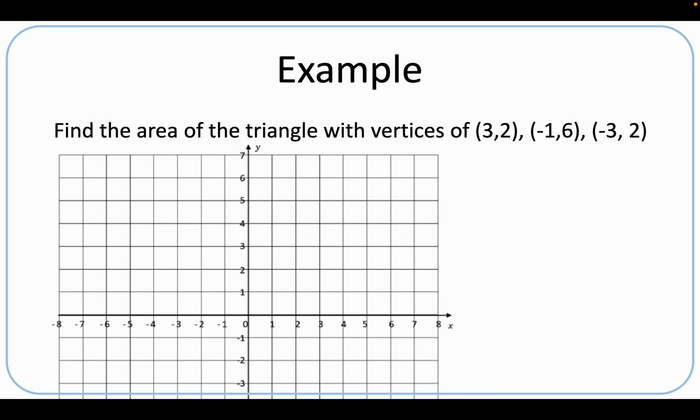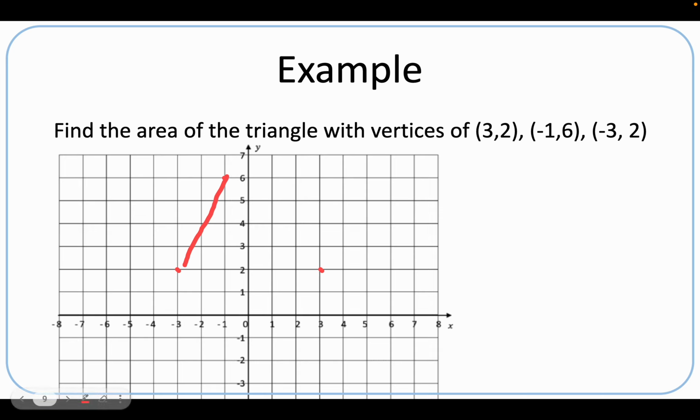All right, next, find the area of the triangle with vertices of (3, 2), (-1, 6), and (-3, 2). So we're going to plot these 3 points. (3, 2) is right here, and then (-1, 6): -1 on the x, 6 on the y, and then we have -3 on the x and 2 on the y, and then I'm going to connect these points.